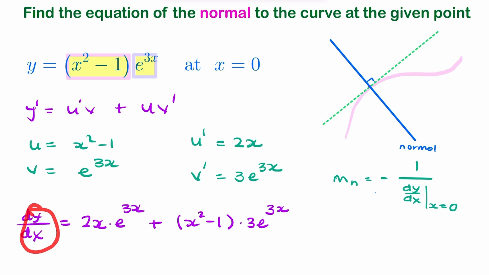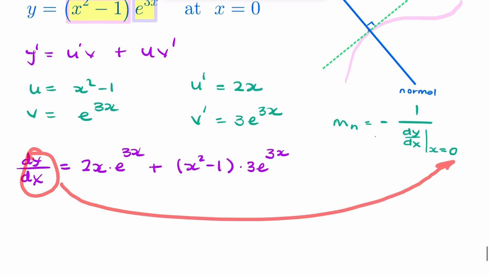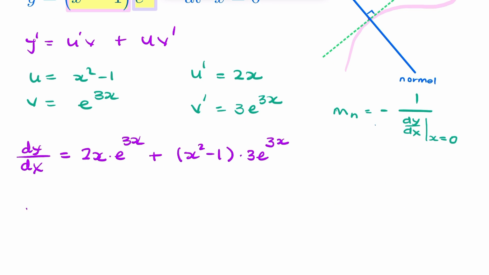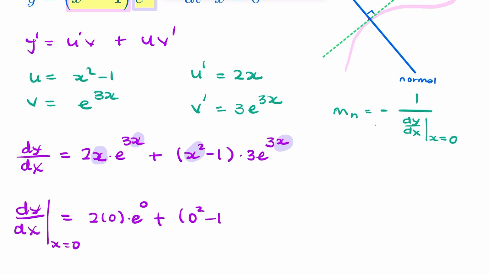We need to find dy by dx at the point where x equals 0. That's the point where we want the normal. So dy by dx at the point where x equals 0, we simply substitute 0 every time we see an x. So it's 2 times 0 times e to the power 0 plus 0 squared minus 1 times 3e to the power 0.